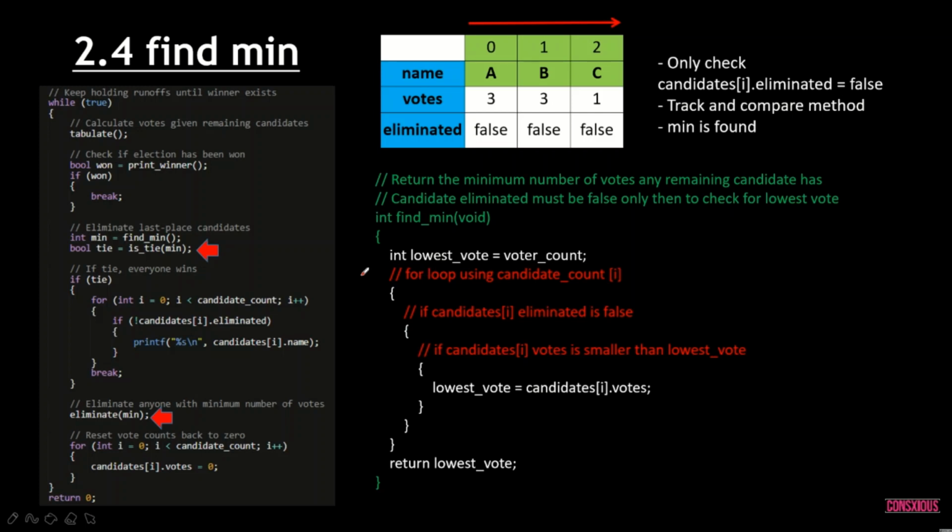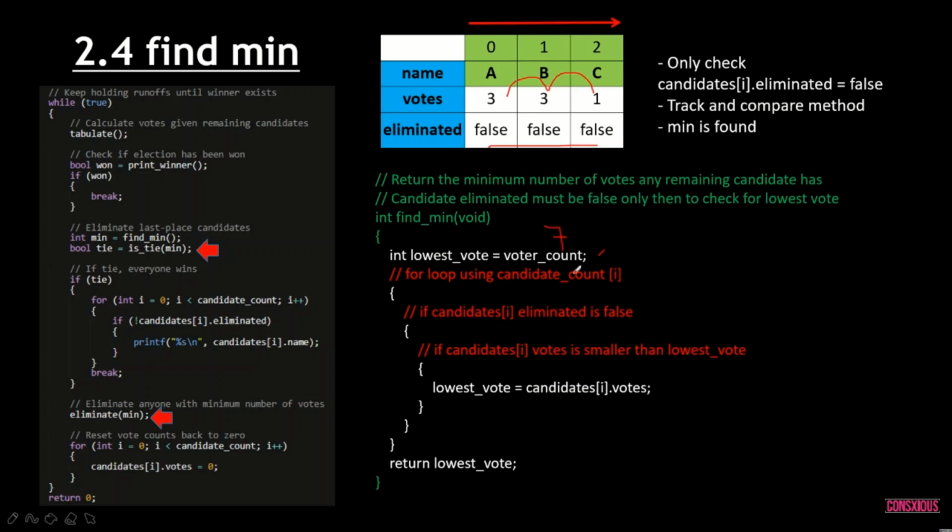So for this function, first we declare an integer, lowest votes, equal to voter count. Voter count, for this example, is 7, because there are 7 voters. Then we do a loop to the candidate count, and we must make sure they are false, and we compare one by one, this and this and this.